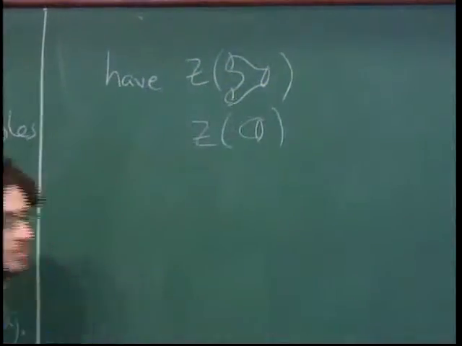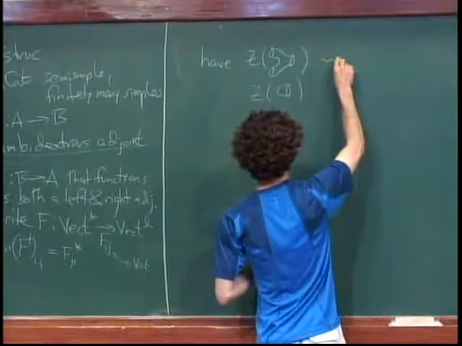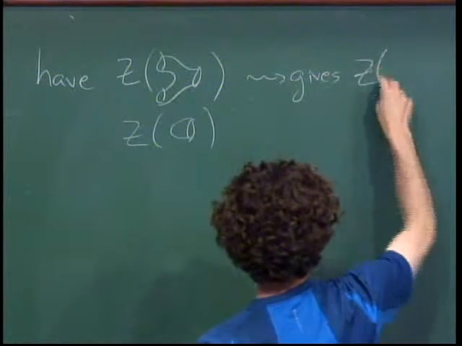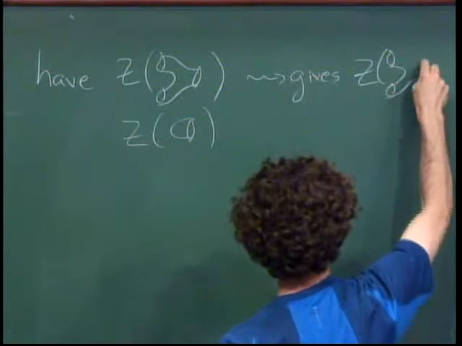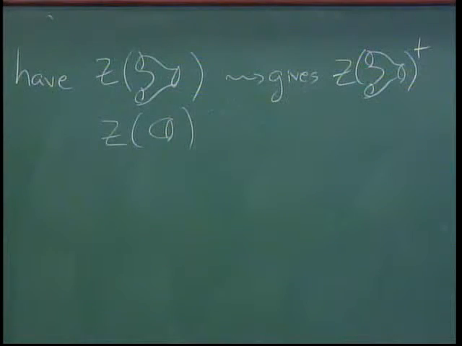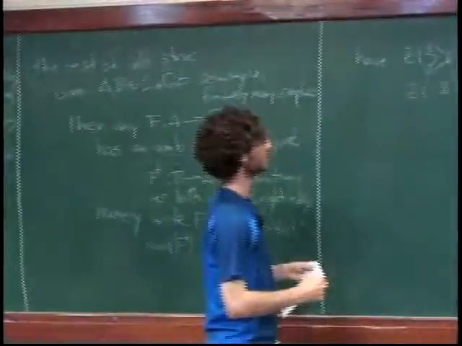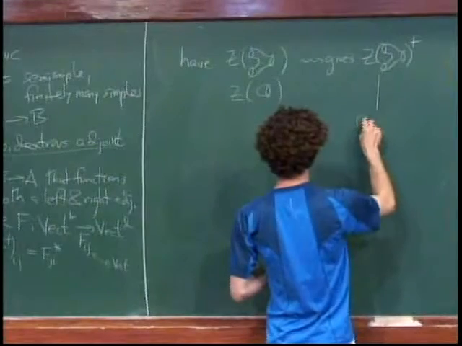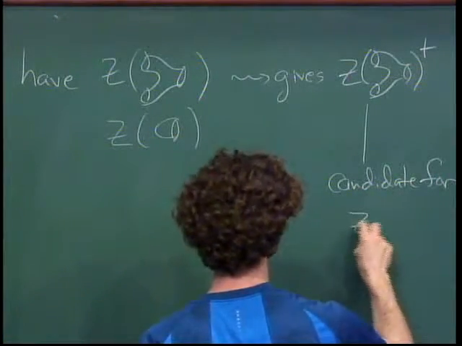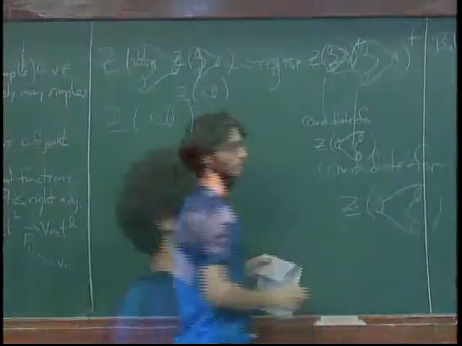And this is some functor from C tensor C to C. So there exists some adjoint functor necessarily, and that's going to be the candidate for Z of the pants going the other way.